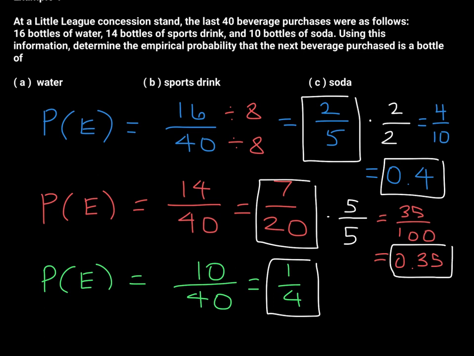And finally, a quarter. A quarter can be rewritten as, let's see, if we multiply the numerator and the denominator by 25, we get 25 over 100, which is 0.25, which is 25%, right? Which is what we said earlier.